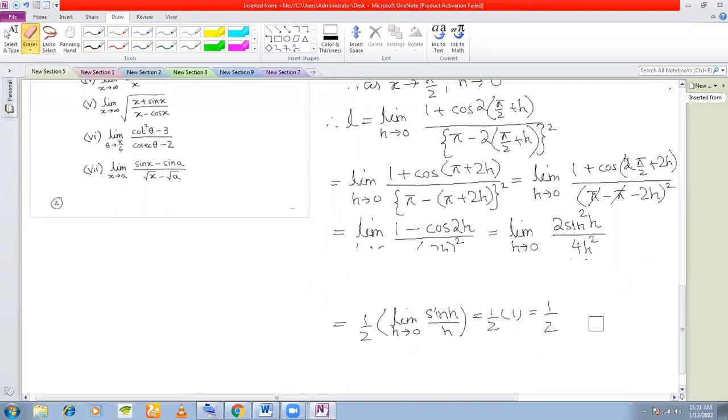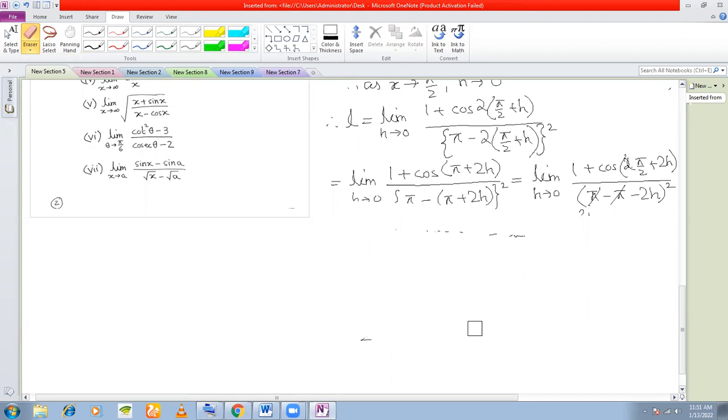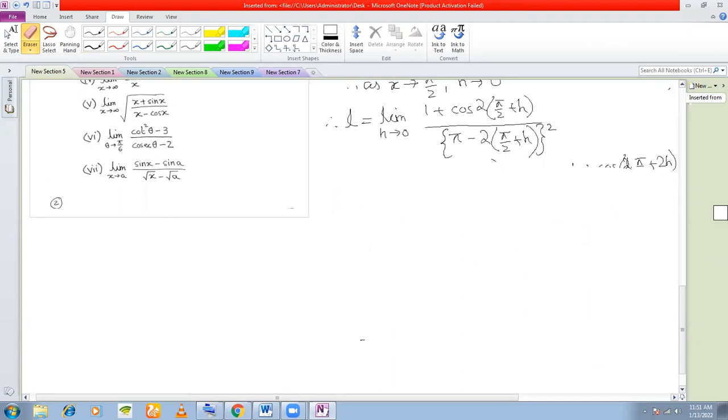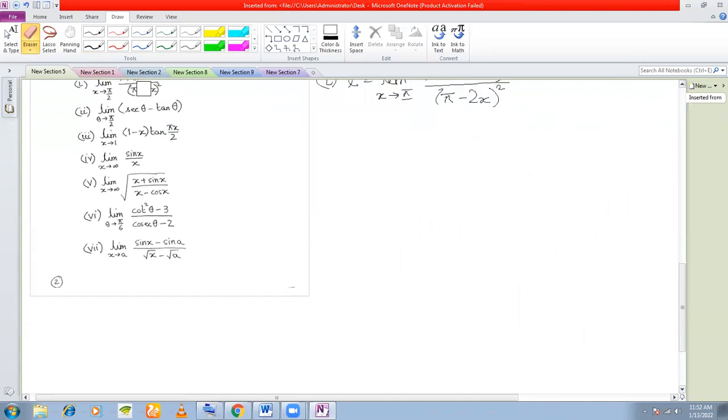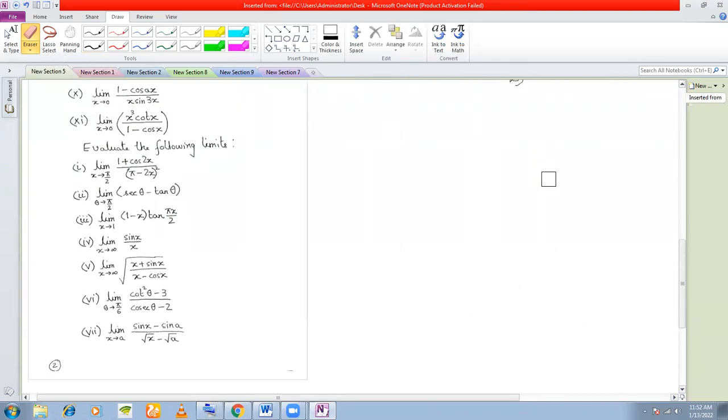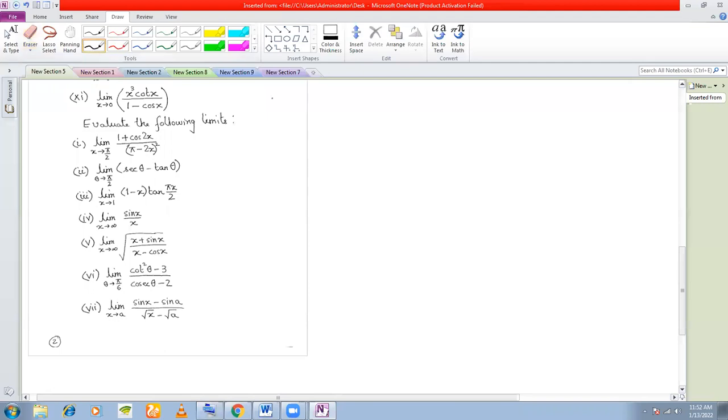Next question. Question number 2. Given limit here is limit theta tends to pi by 2 of sec theta minus tan theta.